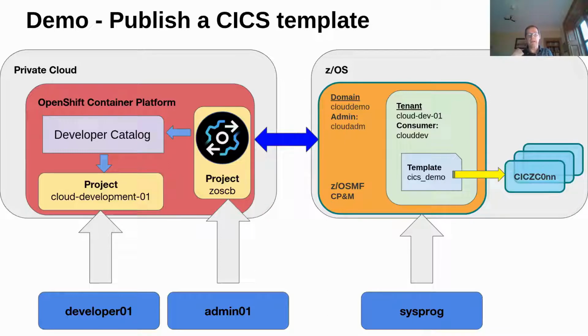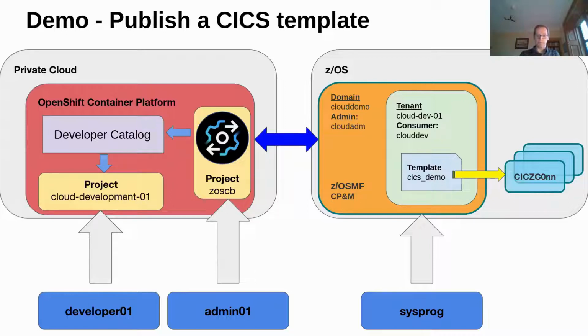Now the domain, think of a domain either as a sysplex itself, or an LPAR within the sysplex, or a subset of the resources within either the sysplex or the LPAR. Basically a logical grouping of resources which can be made available for provisioning middleware. Each domain has one or more tenants, and so think of tenants as project teams or development teams, and for each tenant, the systems programmer will make available templates that are applicable to that team.